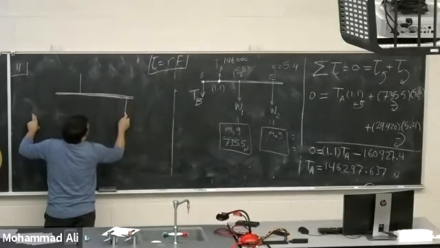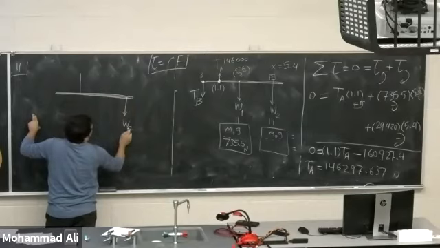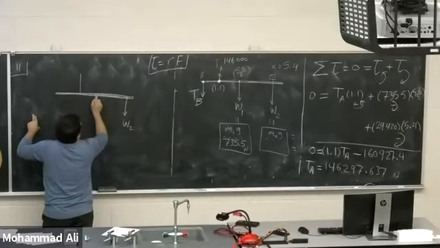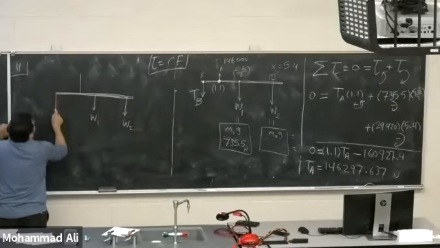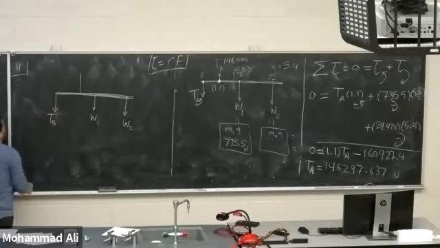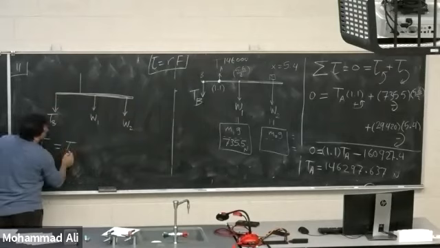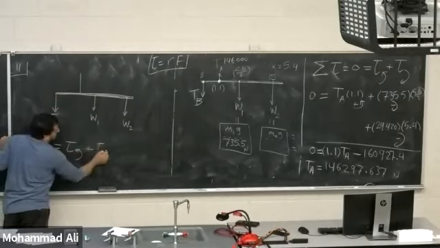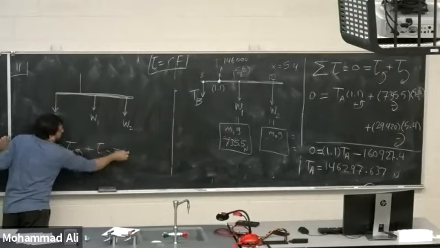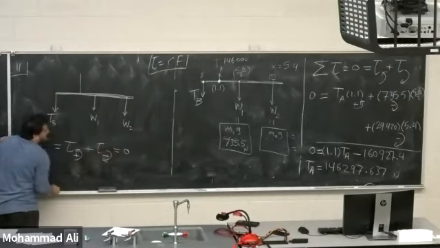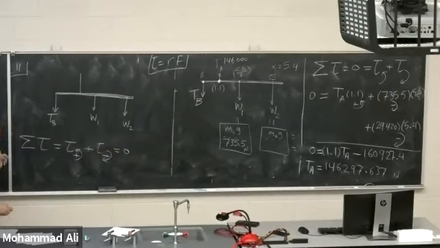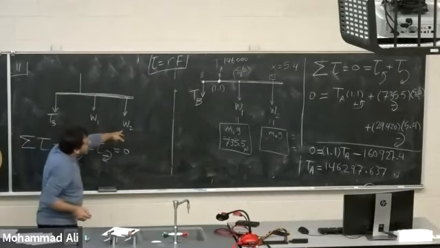We have the weight here. We have another weight here. We have another tension here. We have the total torque, which is torque counterclockwise plus torque clockwise should equal 0. This is negative, this is positive. The weight here, we know the weight.